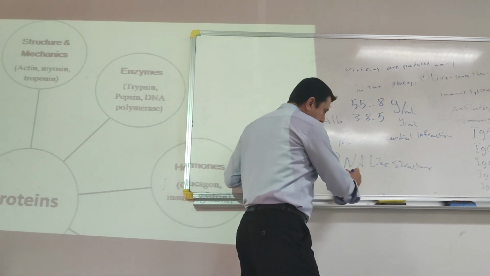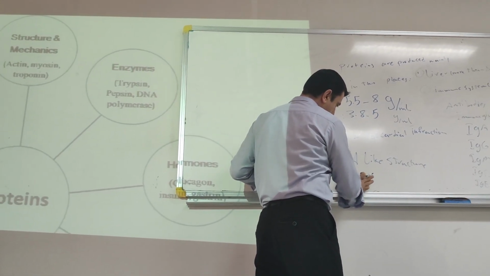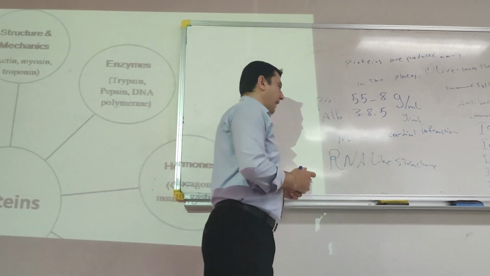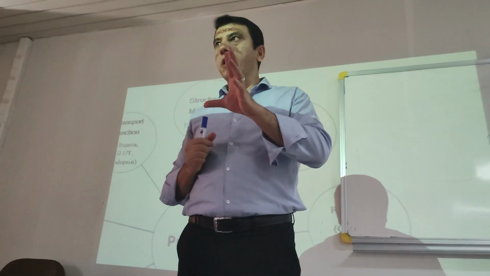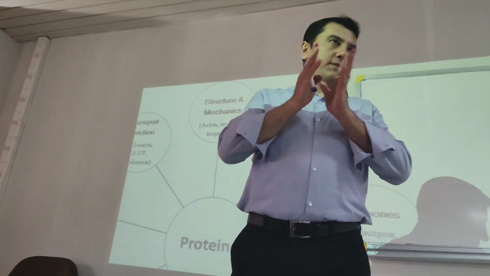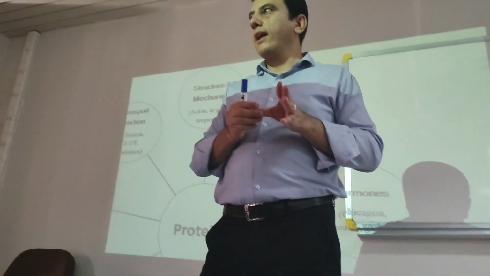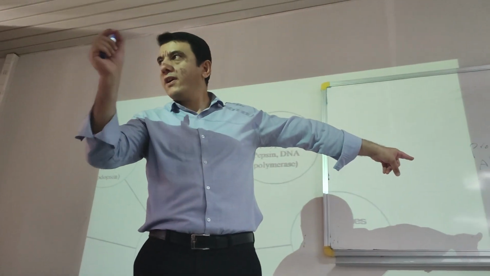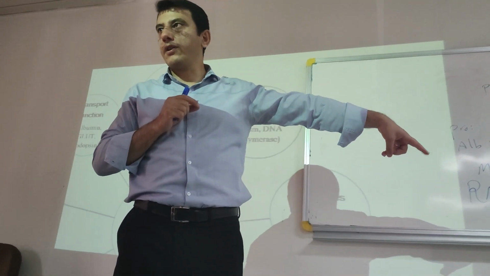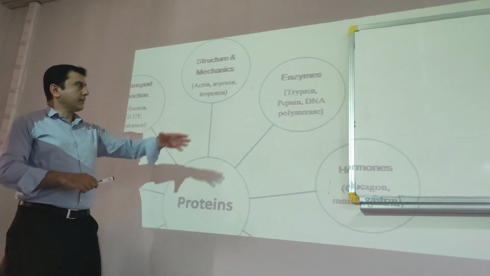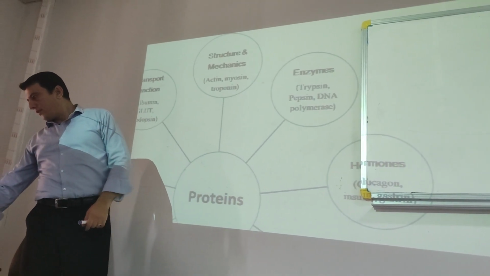We name those enzymes RNA enzymes. I will explain more in the RNA part of our class. So the majority of enzymes are proteins, except for a very small group which has an RNA-like structure. Some examples of enzymes: trypsin, pepsin, DNA polymerase, and so on.